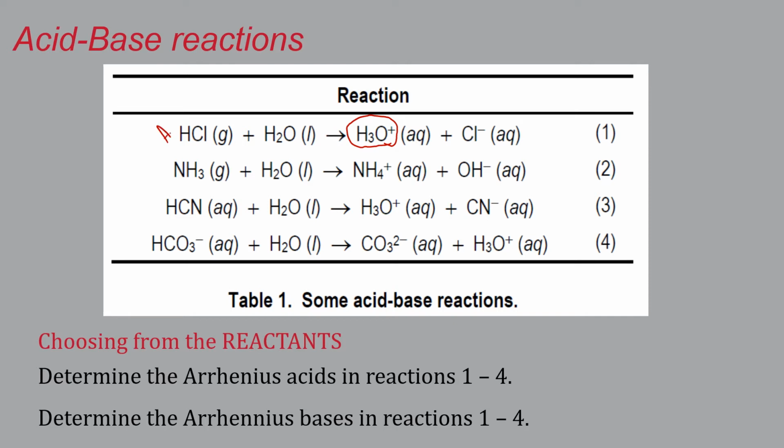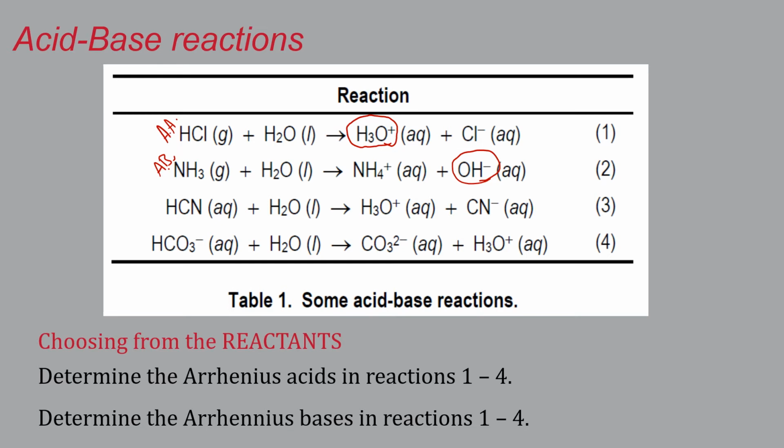So this is going to be an Arrhenius acid. Now ammonia, NH3, again also a gas at room temperature and pressure, reacts with water to form ammonium and hydroxide. And hydroxide was the hallmark for something being an Arrhenius base, or the production of hydroxide.